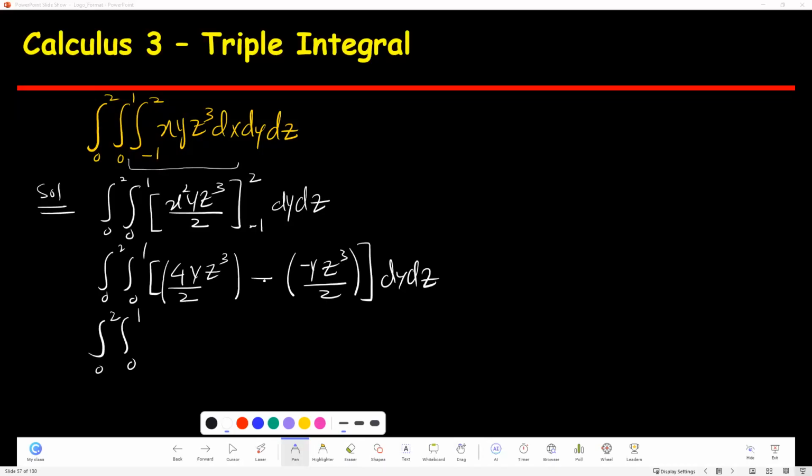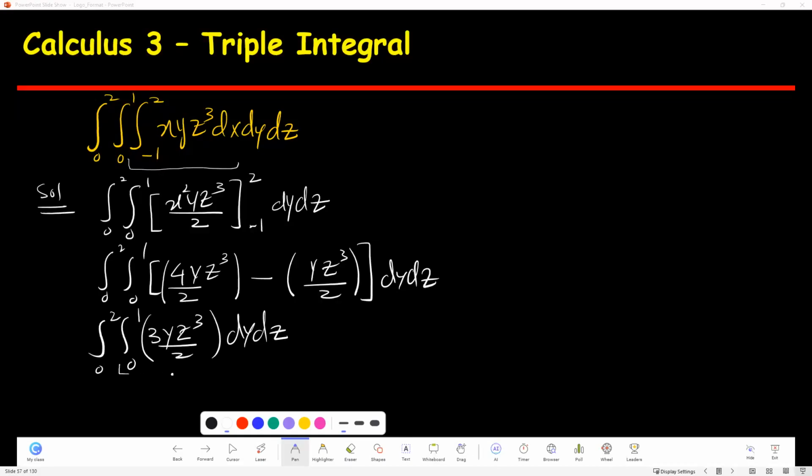When I take this one, I'm going to take minus, and this should be 1 plus. So it's going to be 3 y z cubed divided by 2, dy dz.